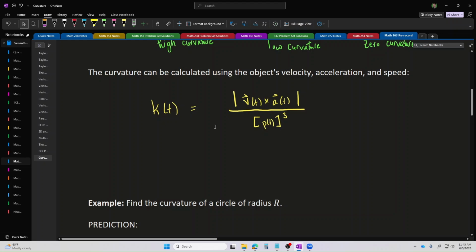Now, I won't speak on why this formula works, but let's do a quick example to show that this formula produces results that make sense.